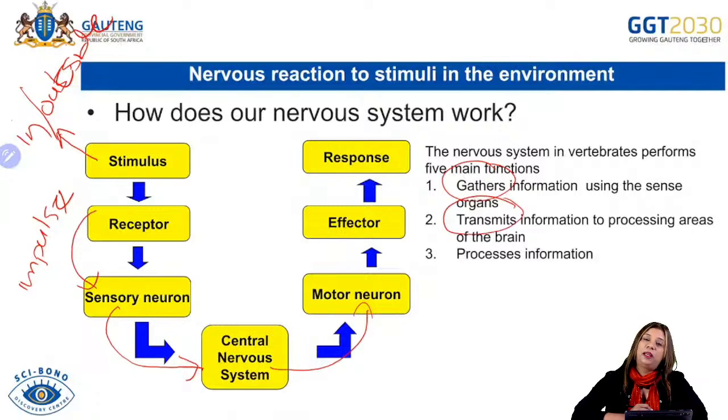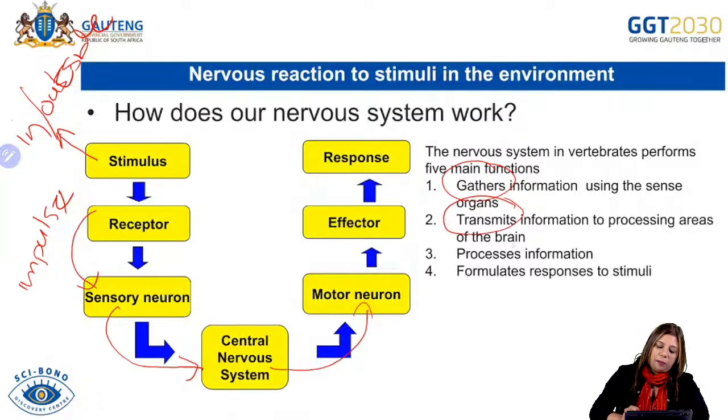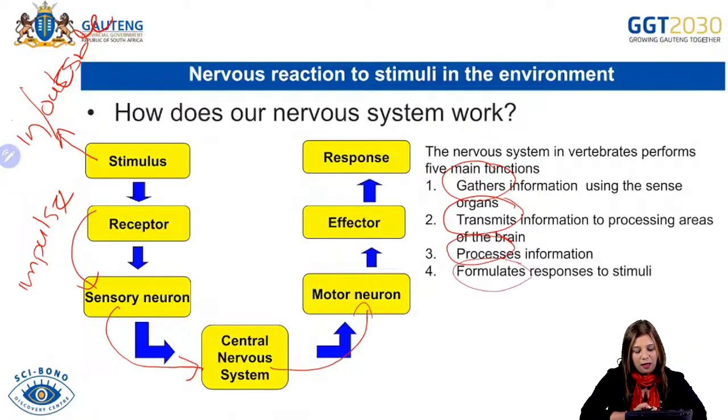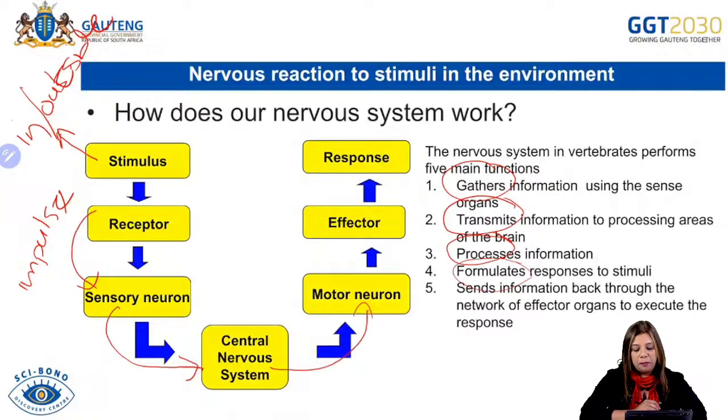So this is where the nervous system is connected to them. And then, okay, besides processing information, it formulates a response. It formulates a response. And the fifth one, it sends the information back through the network of the effector muscles to execute the response.